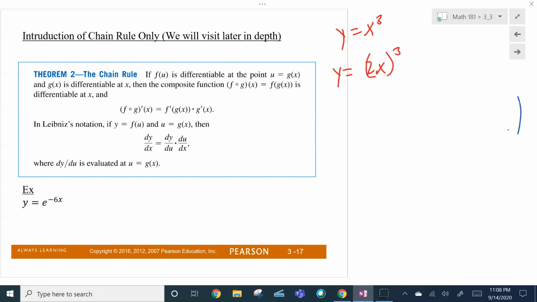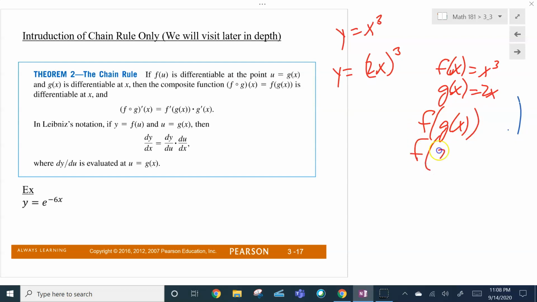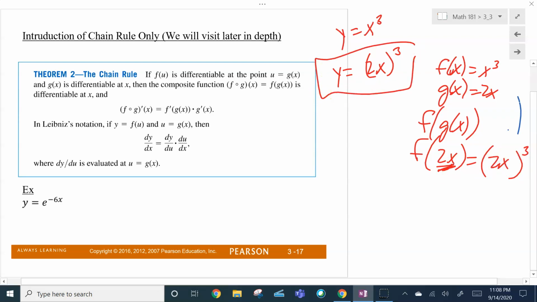In other words, f of x is x cubed and g of x is 2x, because this is a composite f of g of x. 2x is going into f, and we know f is x cubed. You see how this is a composite function? So it's a little different.